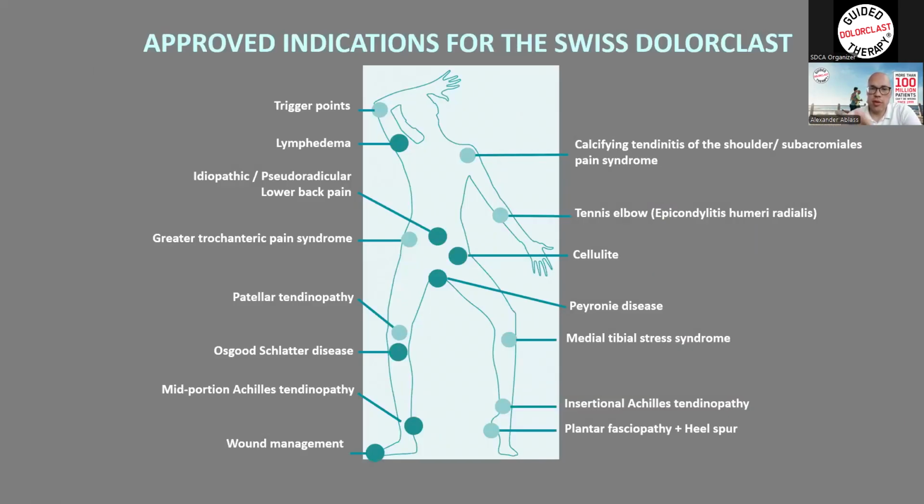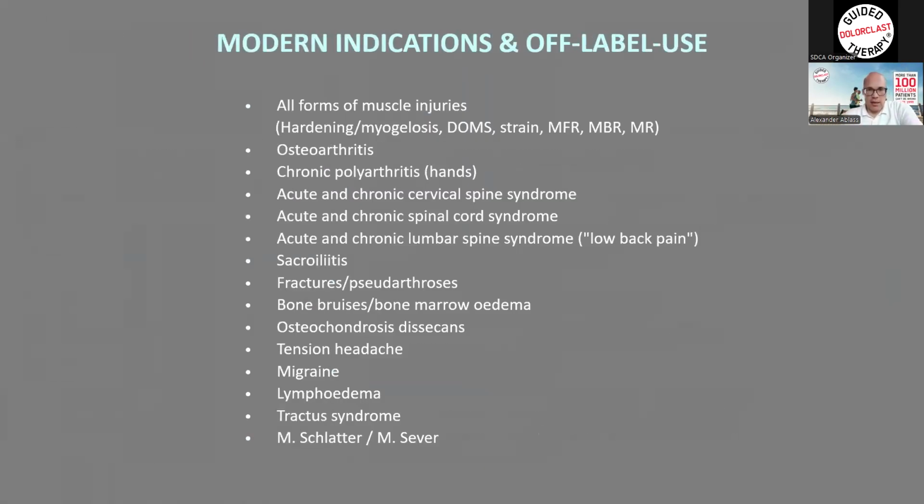So we see trigger points, of course calcifying shoulder and tendinitis, Osgood-Schlatter disease, wound management, cellulitis, ED, idiopathic lower back pain, lymphedema, so a lot. I call these the modern indications or off-label use.